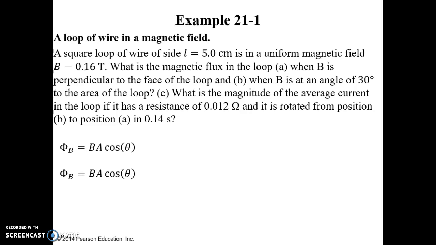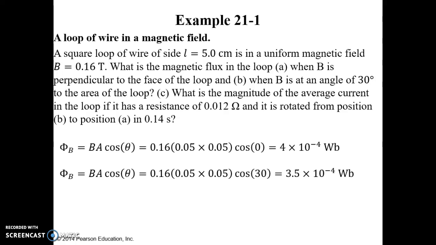So we'll do part A and part B at the same time. The only difference between those two questions is that theta changes. So we'll plug and chug, and we'll get your answers for A and B. Notice that I needed to calculate the area for the square.